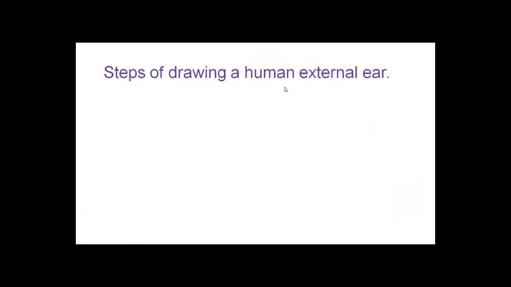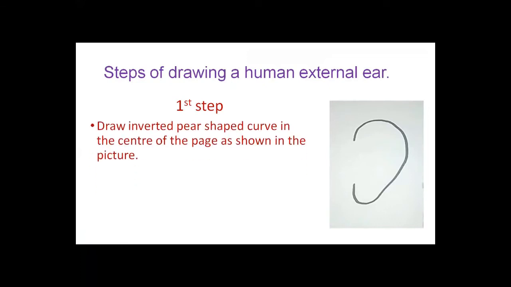Now our third diagram is human external ear. In second word we can say pinna, the external ear. Okay, this is the first step. In first step, draw an inverted pear-shaped curve in the center of the page as shown in the picture.